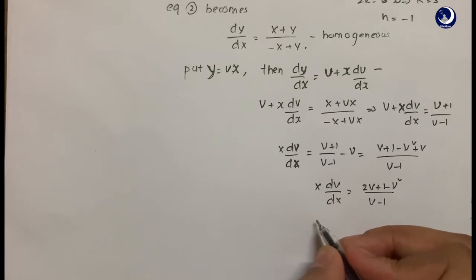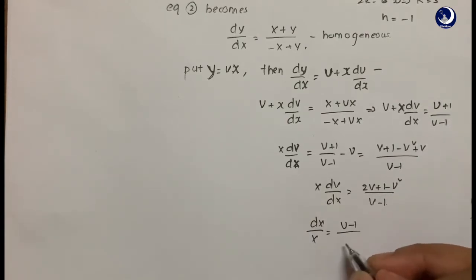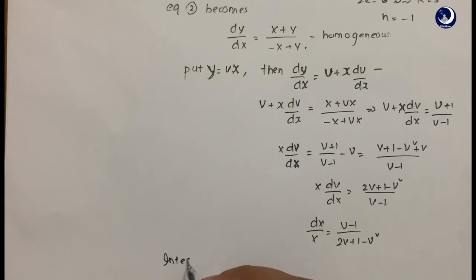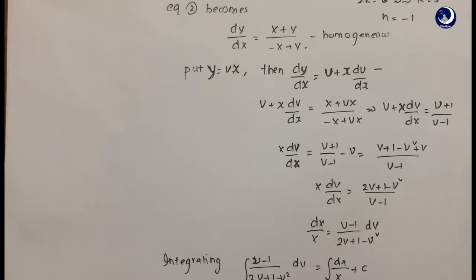Let's collect x terms on one side and u terms on other side. Integrating both sides, we get, multiply and divide with minus 2.